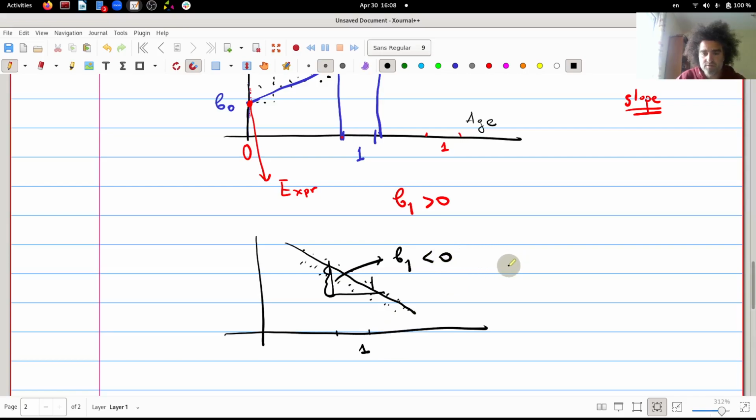Or in other words, expression level can be written as beta 0 plus beta 1 times age, but since when we increase the age the expression actually decreased, then we are forced to have this coefficient here being negative.